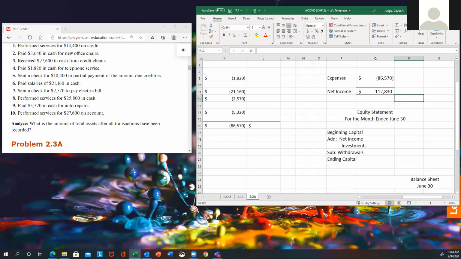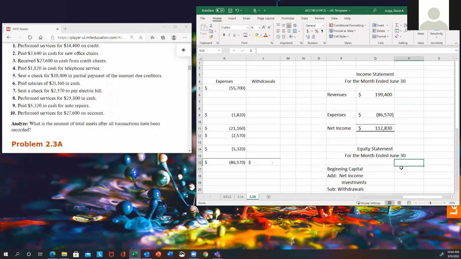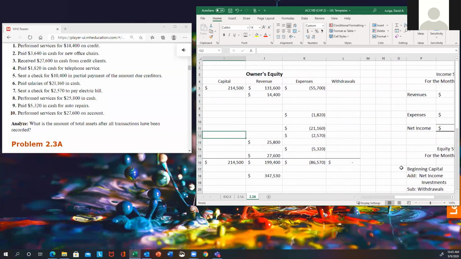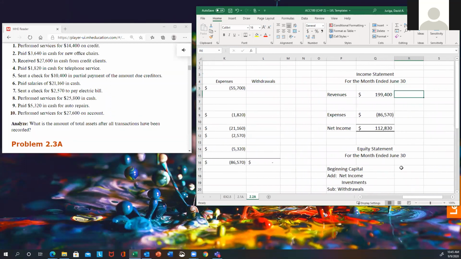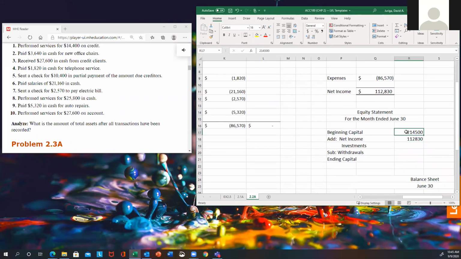We know that number, this amount, added to your equity, along with any other investments. So on this one, the one thing that's going to be a little bit different, let me show you this, is you'll note that we already had a beginning capital balance. See that 214.5? We had a beginning balance. So that's going to be our starting point for this month. So 214.5 will be our beginning balance. Add the net income, and there were no withdrawals.